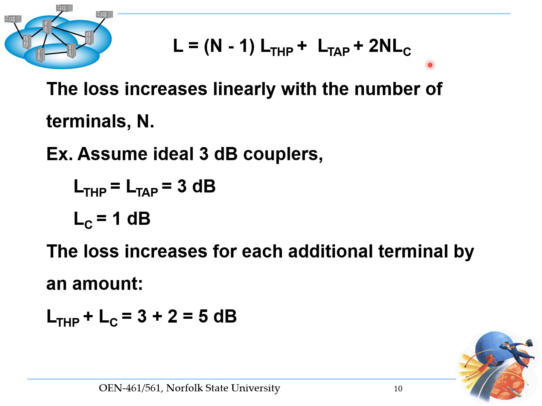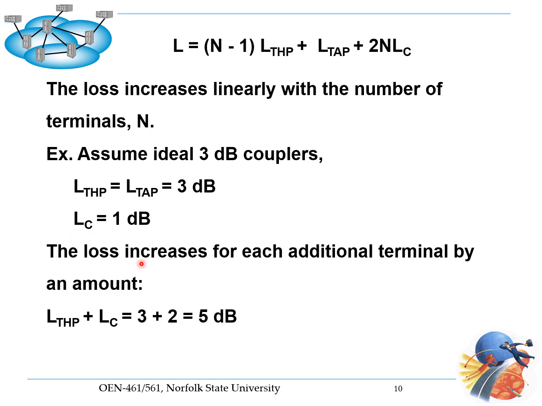As we can see from this formula, losses increase linearly with the number of terminals N, right? And there is some constant loss in addition to that. For example, assume we are dealing with ideal 3 dB couplers, therefore throughput loss and tap loss are 3 dB, and the connector loss is 1 dB.